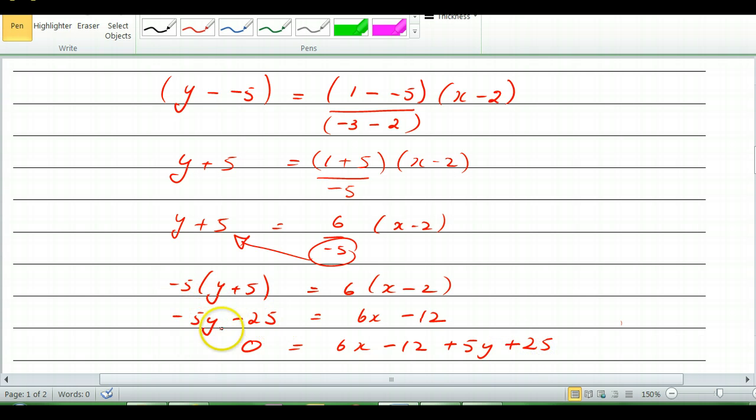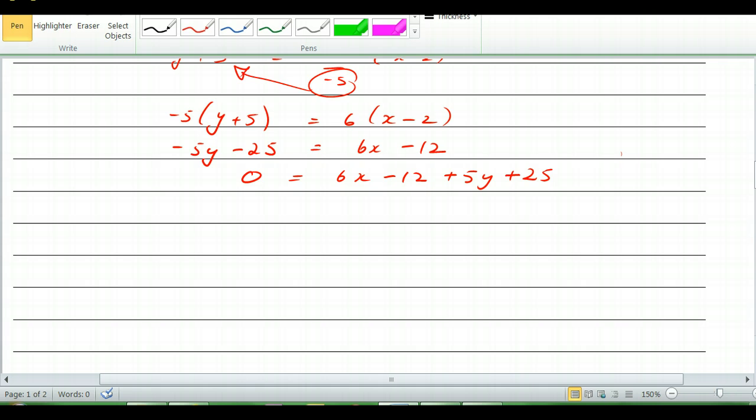The negative 5 when it goes over to the other side becomes positive 5y. Negative 25 when it comes over this side is positive 25. And continuing with the tidying up of the terms, we have negative 12 and 25 makes positive 13, so it'll be 6x plus 5y plus 13. Or we can write that more neatly as 6x plus 5y plus 13 equals 0.